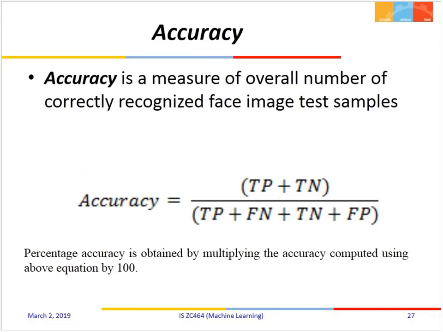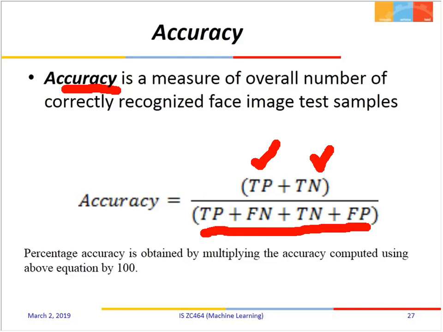And then there comes the measure of accuracy, which we all understand as a simple measure of seeing whether a person is classified as true positive or true negative. So this comes out to be an expression which is true positive plus true negative divided by true positive plus false negative plus true negative plus false positive.